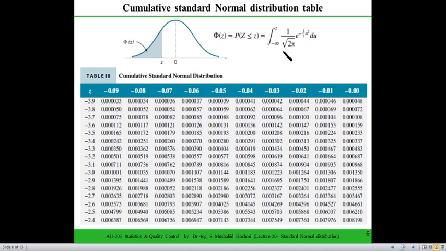If you see the PDF, which is 1 upon under root 2 pi, and sigma is 1, we have transformed to the standard normal variable. Similarly, here u can be called a dummy variable, because x minus mu becomes 0 and sigma becomes 1, so it would be just minus 1 upon 2 u square.